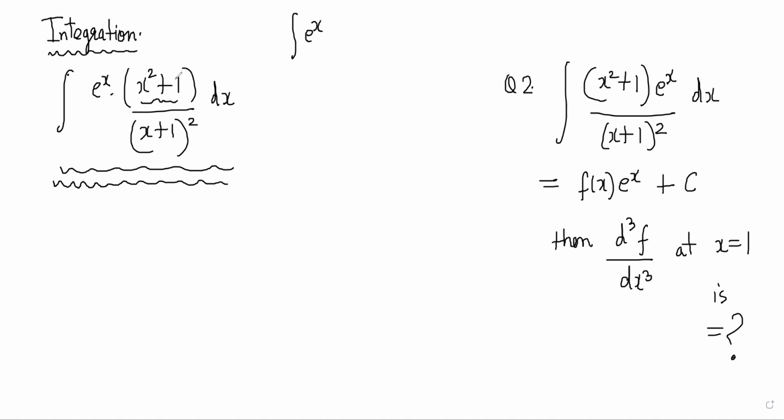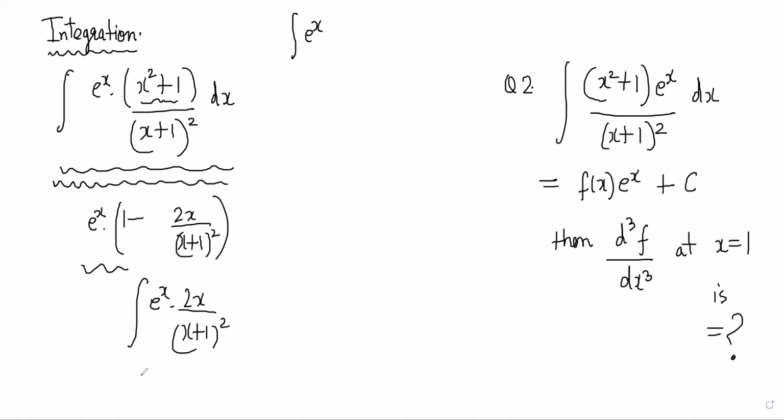You can do that, but that doesn't solve your problem because there is still a minus 2x by this thing that will be left, right? What you are doing is okay, but it will become 1 minus 2x by x plus 1 whole square, right? This part is okay, but what about this part then? It's still annoying, no? The second integral is still annoying, right? So that is not the best approach.